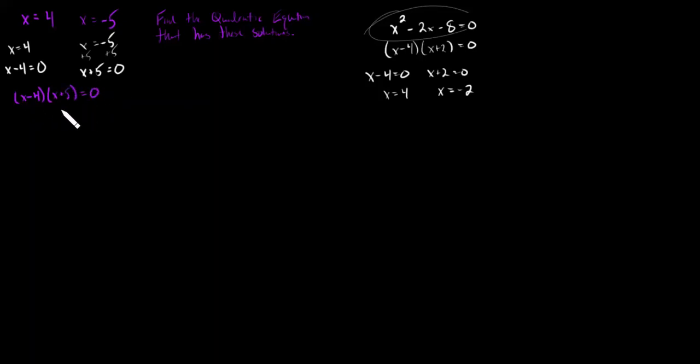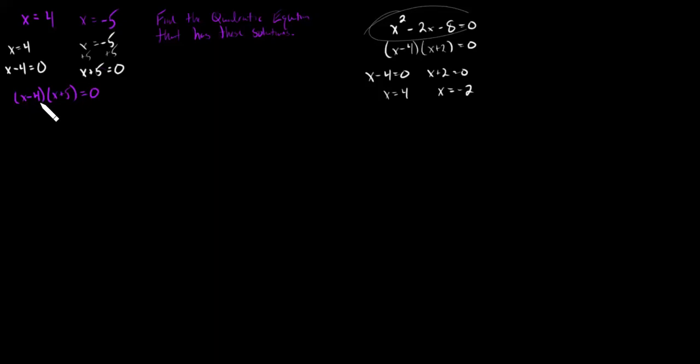Now we're continuing to work backwards. In the earlier case, we were given the equation, we factored, then set each factor equal to 0 and solved. Here, we had the solutions and went backwards. We kind of unsolved for x. We moved the 4 and the -5 over, and that got us our two factors.